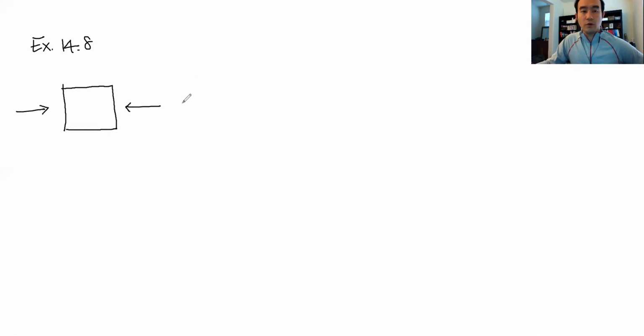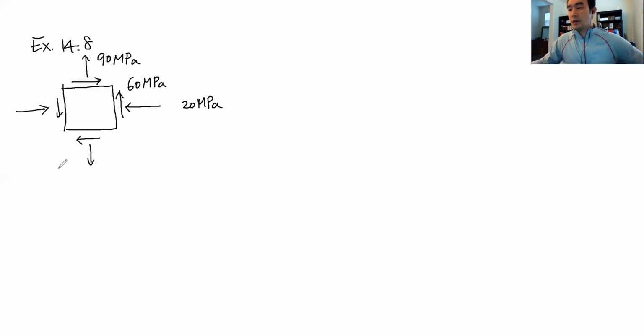Here we have 20 megapascal, a compressive stress, and 90 megapascal going this way, so it is going to be tensile stress. And then for shear stress, we have 60 megapascal, going this way. Okay, so this is the current state of stress.